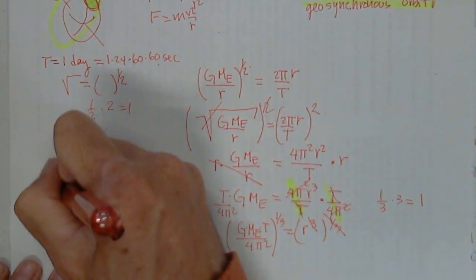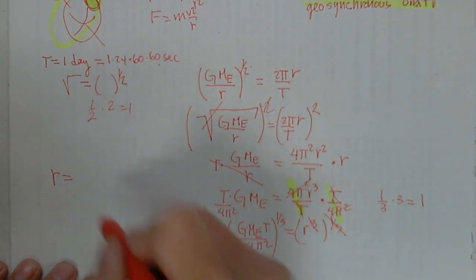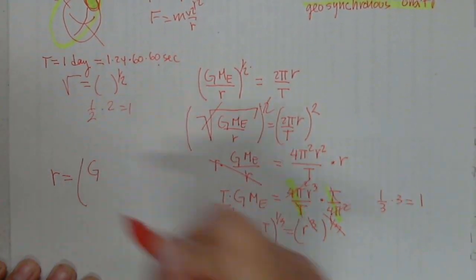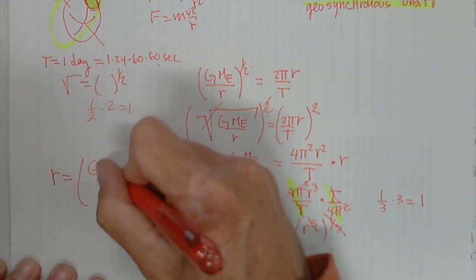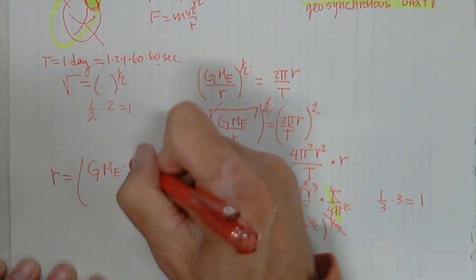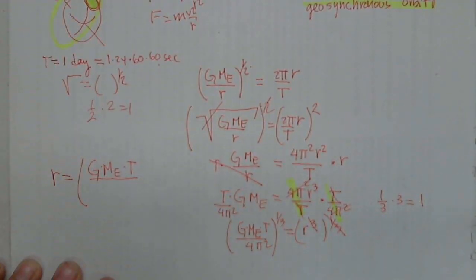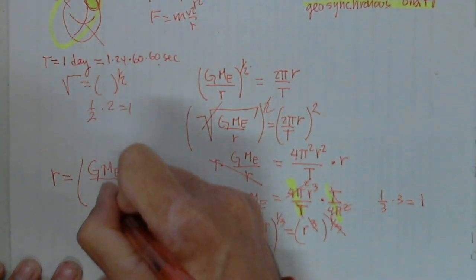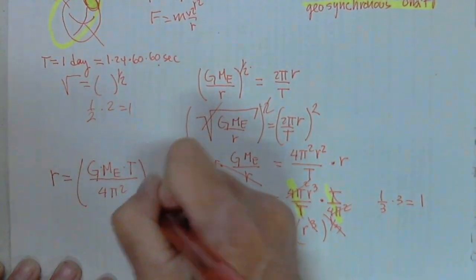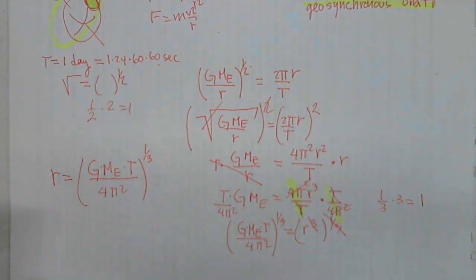And r is the universal gravitation constant, mass of the Earth, period, it could be any period, divided by 4 pi squared, and everything to the 1/3 power.